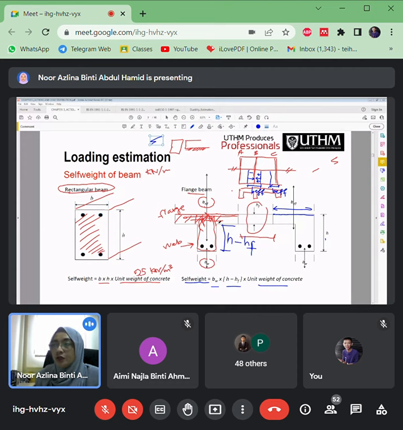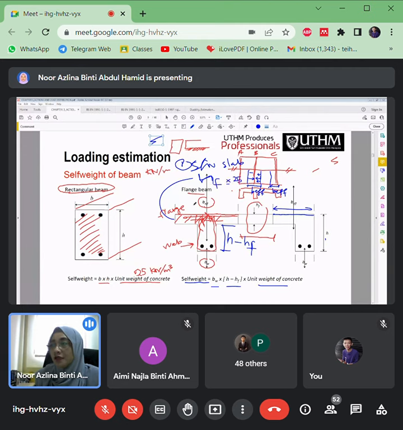For this one we just consider the height H minus the thickness of the slab, because in the first process we already calculated the self weight of the slabs, right? How do we calculate the self weight of the slab? The self weight of the slab is the thickness multiplied by 25, right?